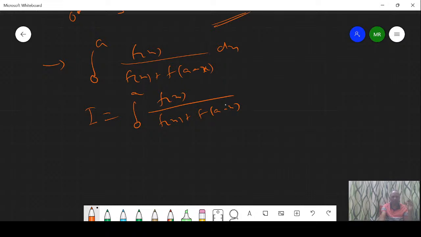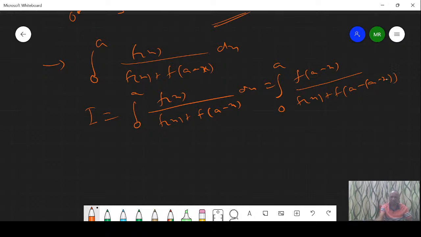You have taken I as given. Then you replace this: in the integral 0 to a, replace x with a minus x.